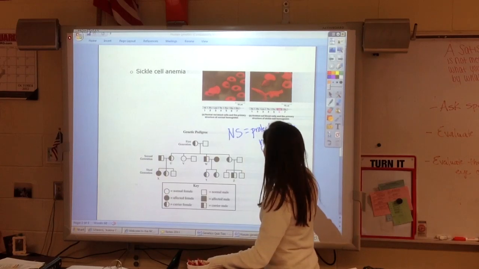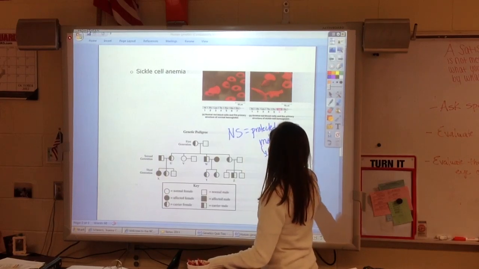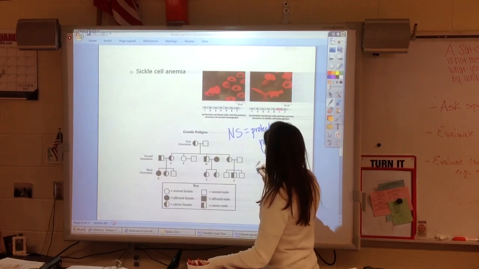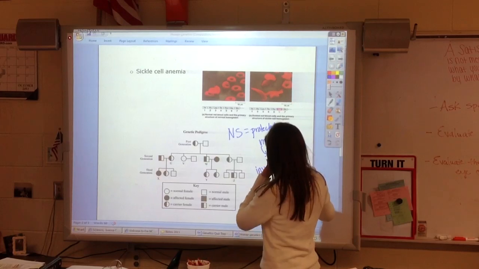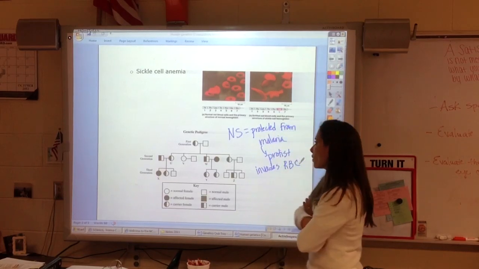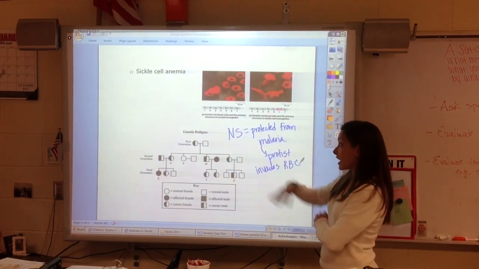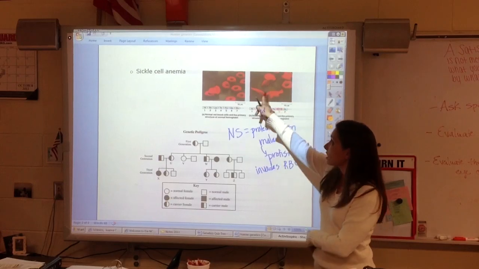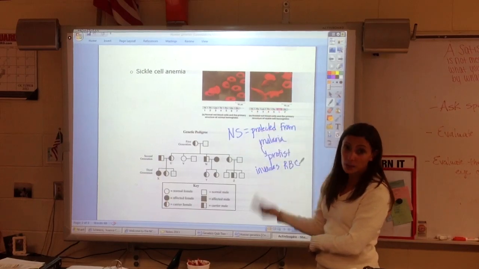Malaria is caused by a protist. We'll talk about this a little more later in the year. But that protist invades your red blood cells. And so if you are a heterozygote, the protist is not able to get in and not able to infect you.